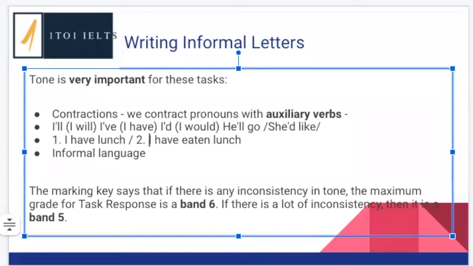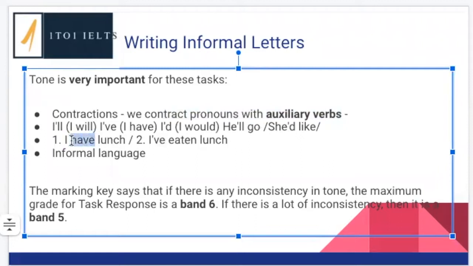Yeah, Lucy and Nabila all say two. Excellent. So yeah, here we see have is the extra verb. It's showing that it's a perfect tense. So following our rule, we contract pronouns with auxiliary verbs. So here I was saying, I've eaten lunch. But here, there is no auxiliary verb. Have is the main verb.